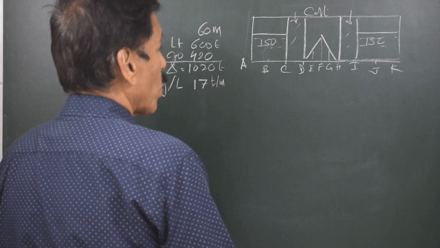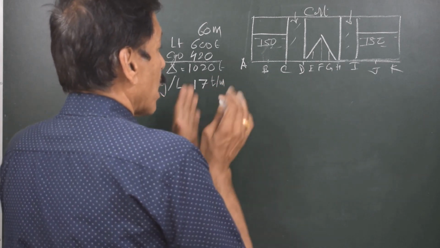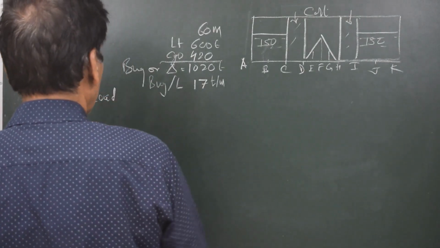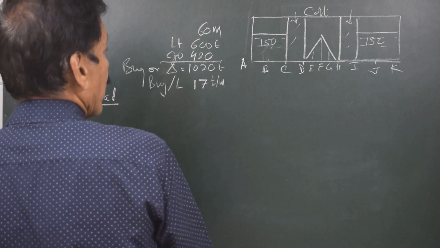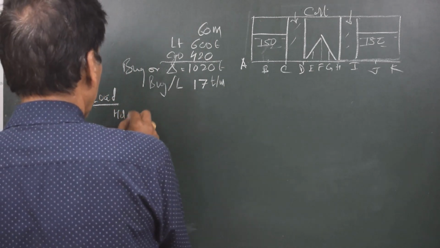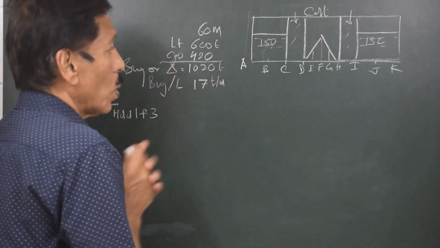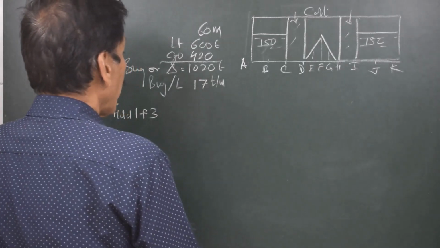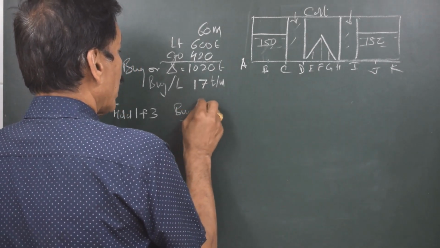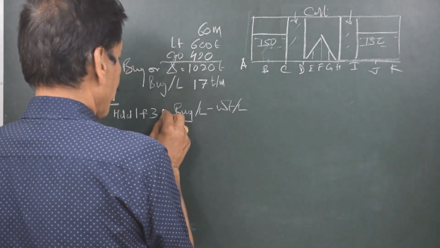We are going to find out what is the load at various points. Now load for hold number 1 and 3 can be found out like this. Load for hold number 1 and 3 is going to be buoyancy per unit length minus weight per unit length.